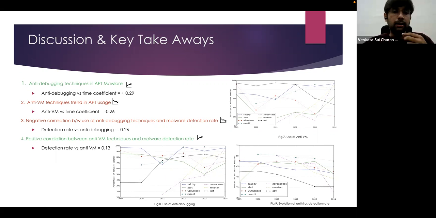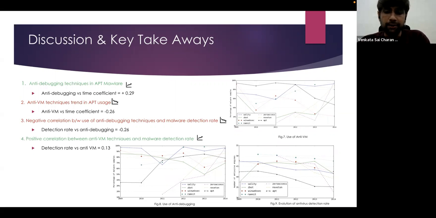So they are reducing anti-VM techniques over a period of time and using more anti-debugging techniques, which makes it too hard for the security community to identify what that payload is doing in real time. Reverse engineering will be very tough with anti-debugging techniques.